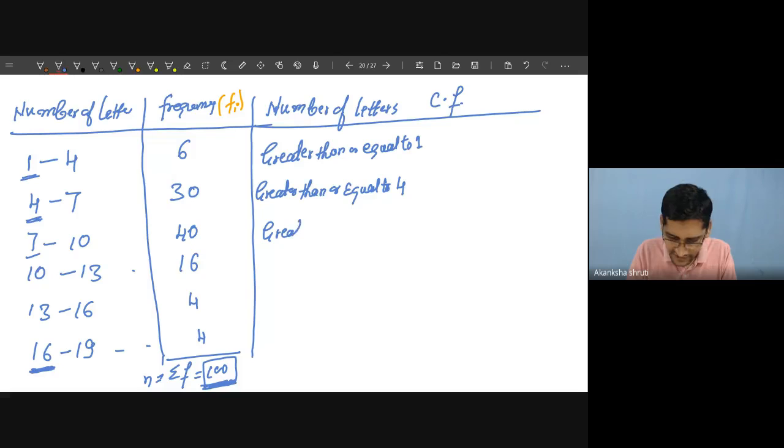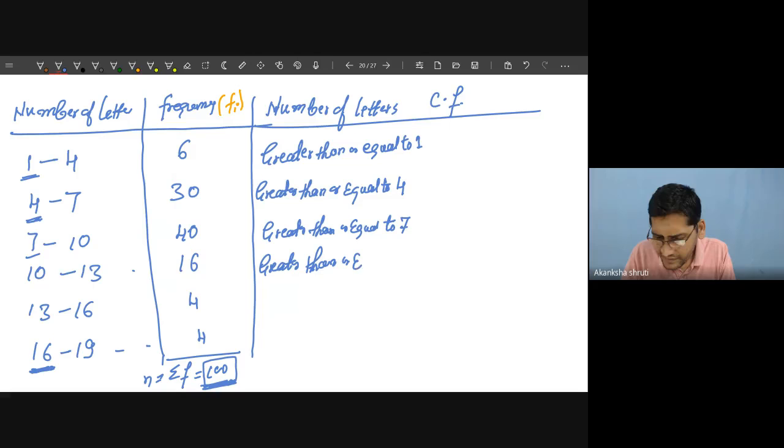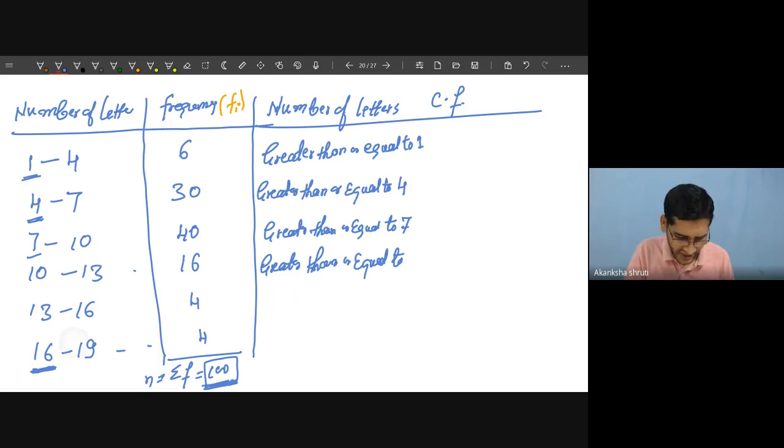So first you just fill this, greater than or equal to 7. Write again, greater than or equal to, the next limit is our 10.